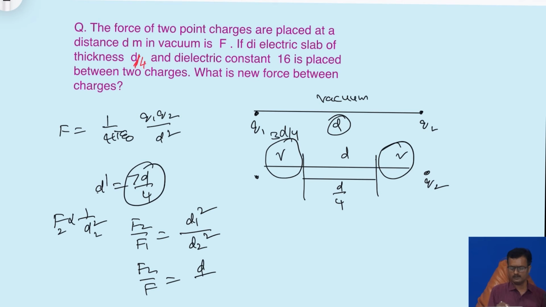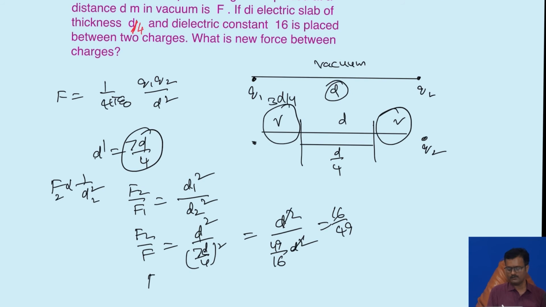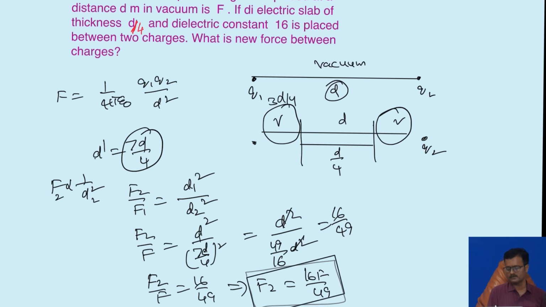What is D2? That is 7d by 4 whole square. So d square by 49 by 16, the d square cancels, then 16 by 49. So F2 by F is equal to 16 by 49, which implies F2 is equal to 16F by 49. So this is the new force.